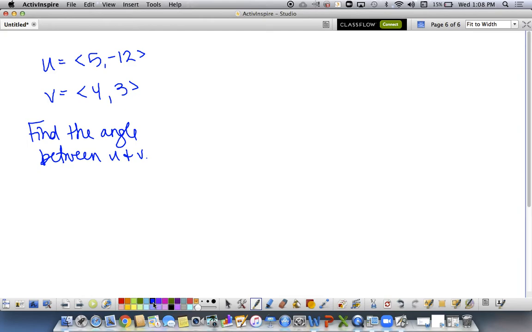What are we going to do first? Well, it depends what you want to do first. I'm going to write the formula first. Cosine theta equals u dot v over the magnitude of u times the magnitude of v.